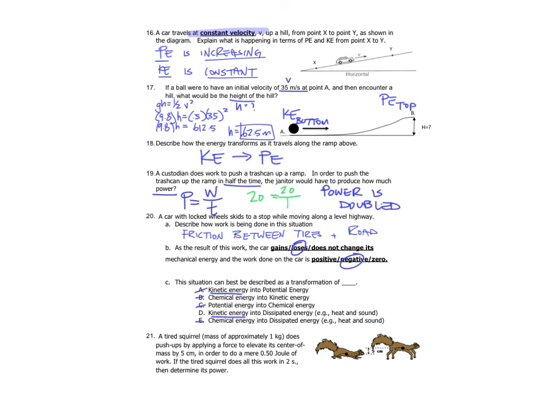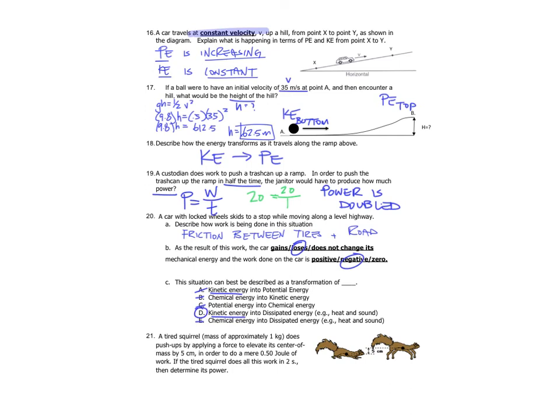Okay, when that car skids on the street, that energy is being lost by heat and sound. So when the friction is generated, it creates heat. The screeching of the tires is sound. That's also energy. Answer choice D.